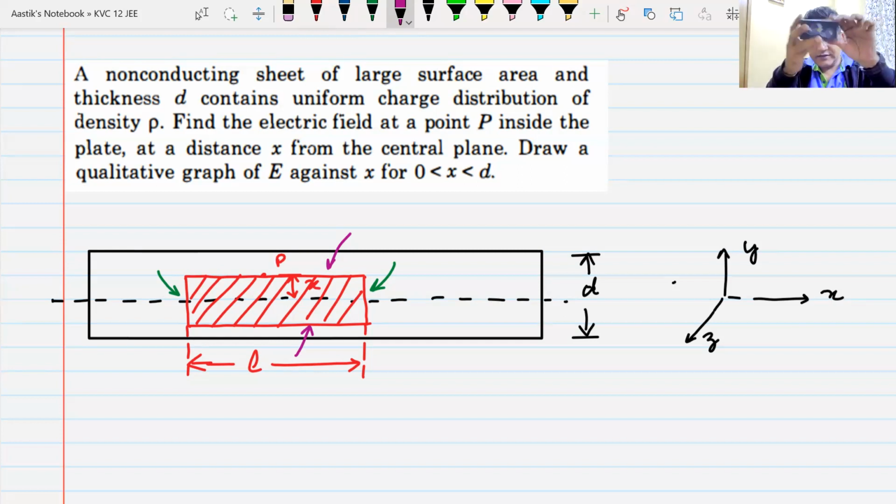For this side and this side, the electric field will go like this, and the area vector would be perpendicular, so you will get the angle as 90. So you don't have to calculate the flux through these. Now, once you understand this, everything becomes pretty simple.